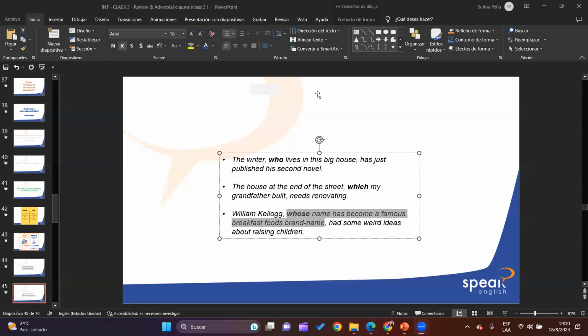It's the object. Object personal pronouns are in the category of object. Yes, that was right. Why, Rocio? Because Anna is going to receive the jacket. Someone else is giving the jacket to her, so that's why she's the object of the sentence. It's not the subject. Is that clear? Yes. Okay, good.